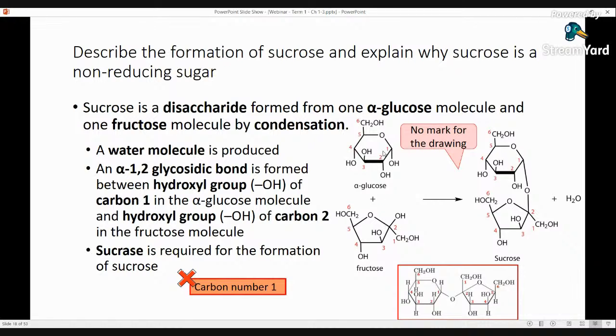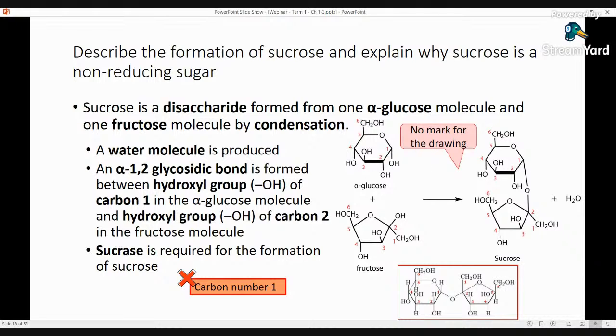So this is alpha glucose, here is carbon 1, and this is carbon 2 of the fructose. The hydroxyl group of carbon 1 in the alpha glucose reacts with the hydroxyl of carbon 2 in the fructose to form the alpha-1,2 glycosidic bond.